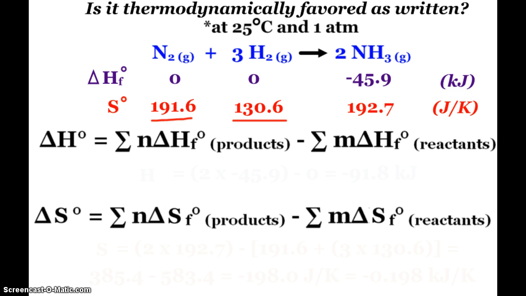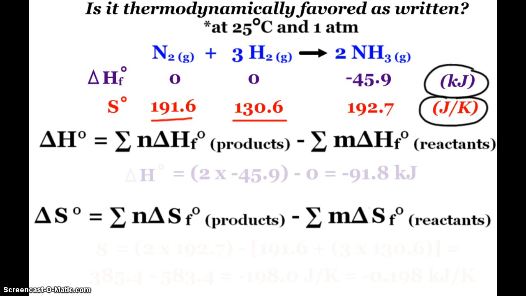Be careful also, our delta H values are typically given to us in kilojoules per mole. Entropy is joules per mole Kelvin. So I can find my delta H by doing, again, the sum of the products, 2 times, remember you're using the coefficient, 2 times the negative 45.9, and then minus 0. So my delta H for this reaction, negative 91.8 kilojoules.